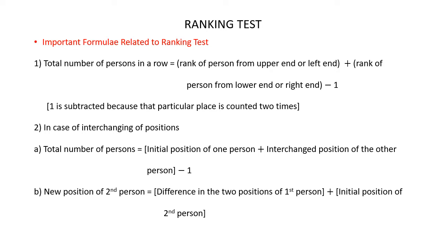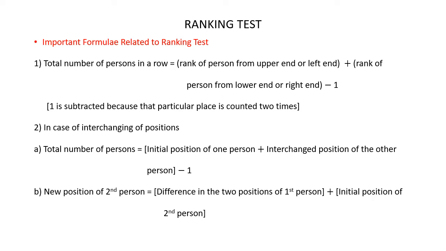Now, if you know this formula, then you can find the rank of person from upper end or left end or the rank of person from lower end or right end as the question demands. Now, rank of person from upper end or left end is equal to total number of persons in a row minus rank of person from lower end or right end plus 1.